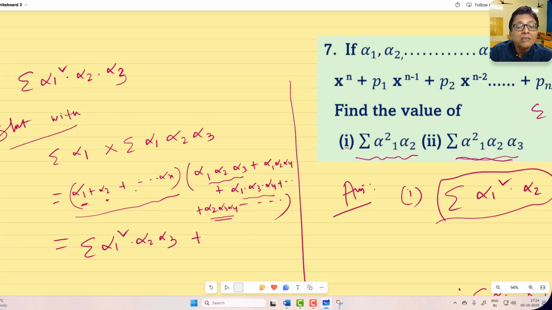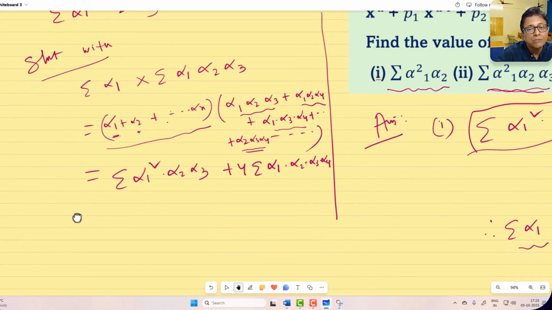And alpha 3 with this will give you another alpha 1, alpha 2, alpha 3, alpha 4. Beyond it, alpha 5 starts. So we will be getting 4 sigma alpha 1, alpha 2, alpha 3, alpha 4.